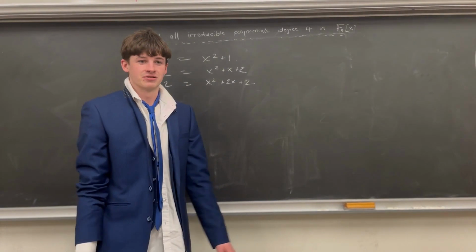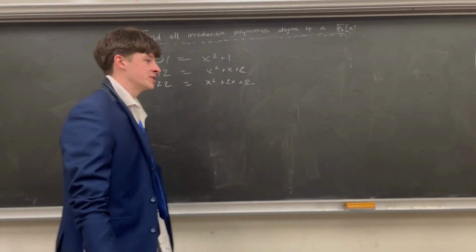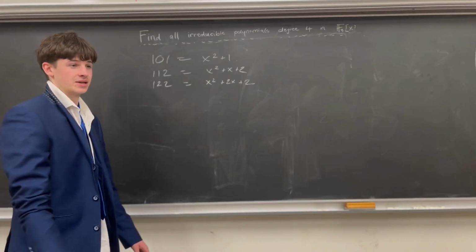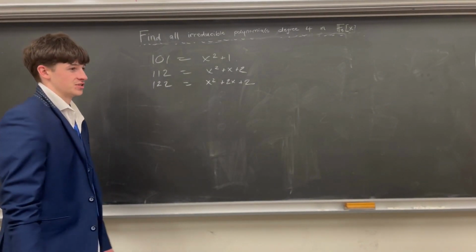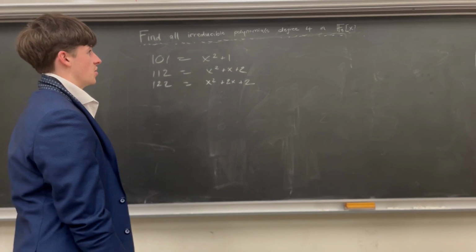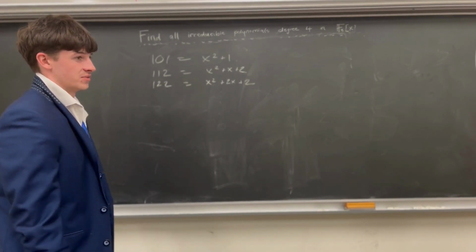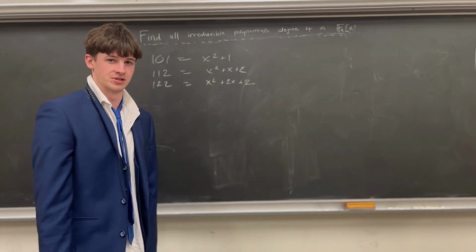Now that we've found the irreducible quadratic polynomials, we need to multiply them together in pairs, and this will result in some degree 4 polynomials that we need to remove from the list of potential irreducibles.